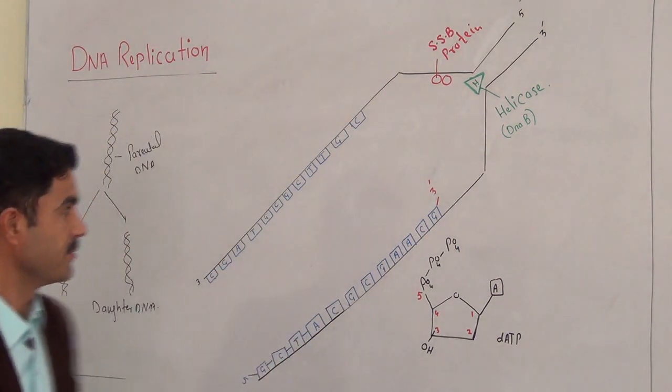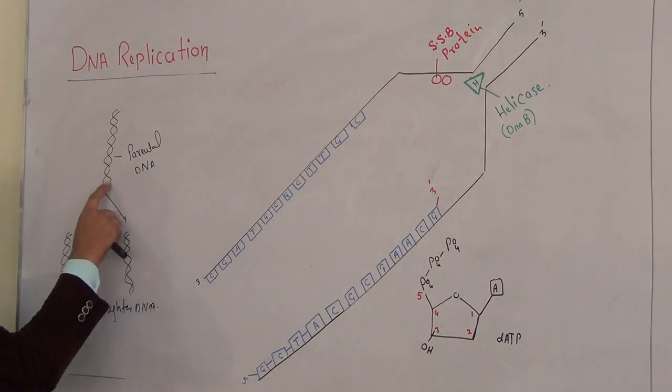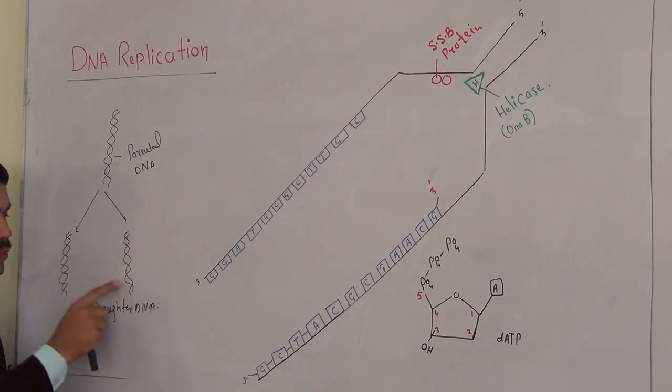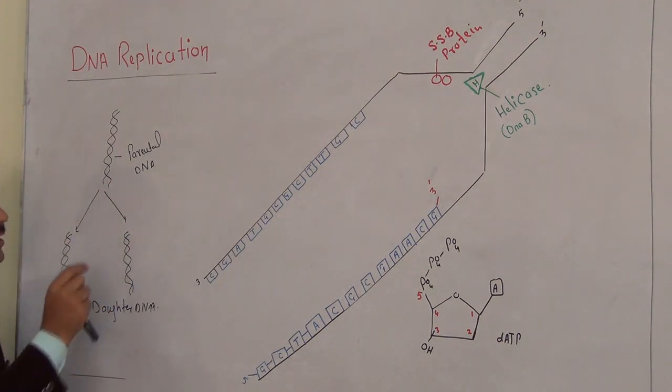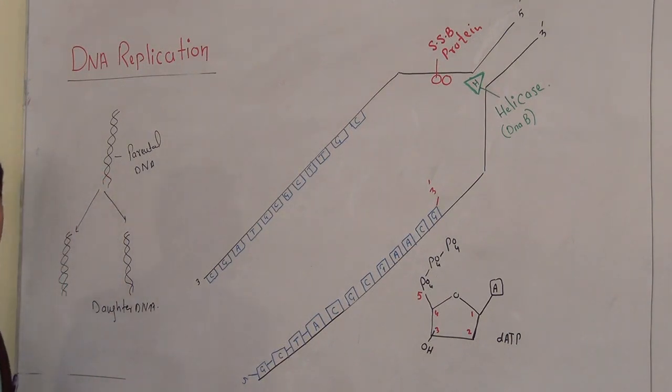So come to the definition of replication first. What is replication? Replication is a process in which one DNA molecule gives us two DNA molecules. In other words, we get two DNA molecules from one DNA molecule.